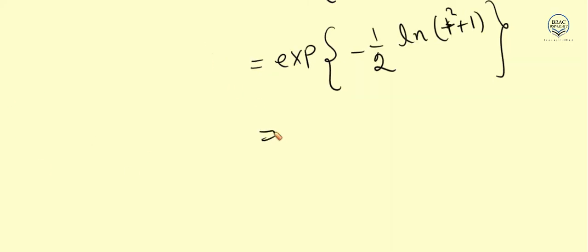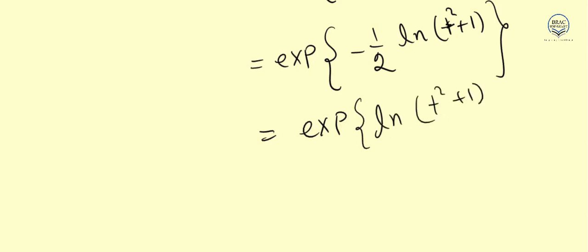So this can be simplified further, because this minus 1/2 can sit over here. That's a property of logarithm. So this will be exp of ln of (t square plus 1) to the power minus 1/2, right?